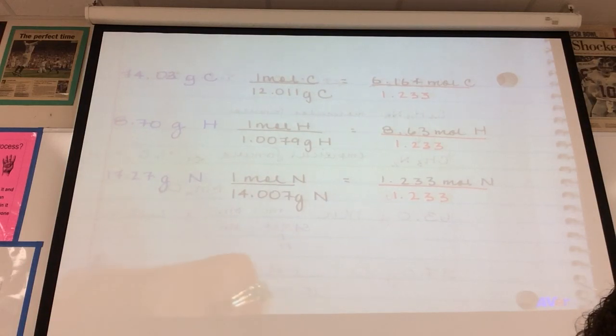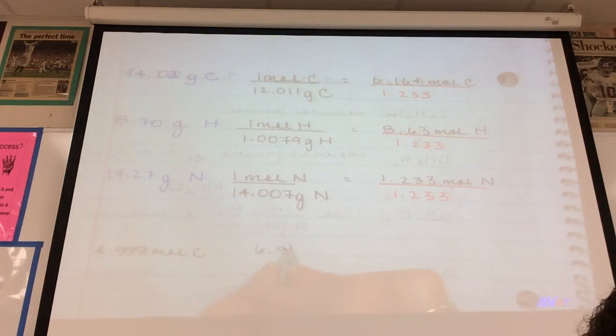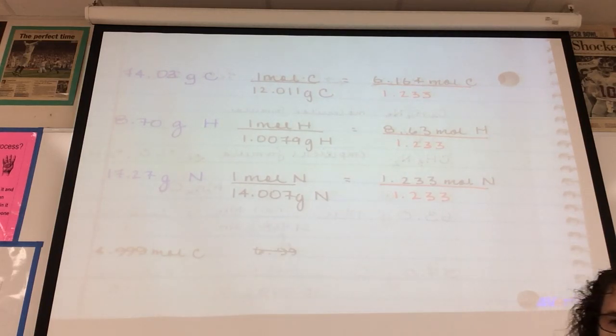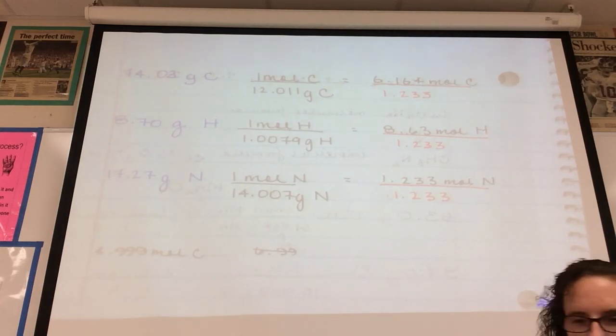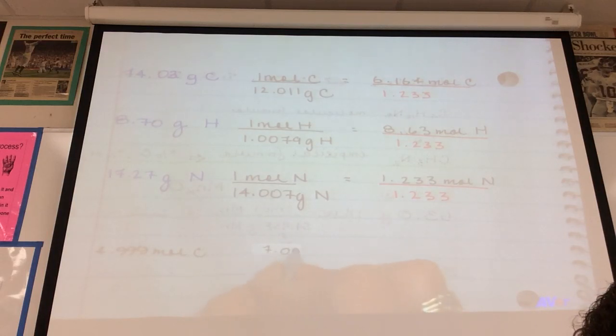So watch your sig figs. We've got 4.999 moles of carbon. We've got 6.99, actually I take that back. Because that's in 3 sig figs, I had 6.999 in my calculator, but 3 sig figs right away make it a little simpler. And that's going to be 7.00 moles of hydrogen.